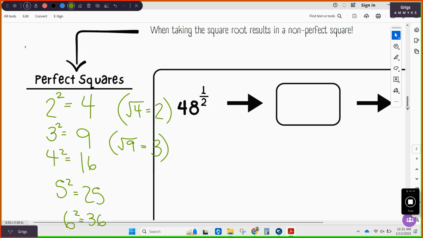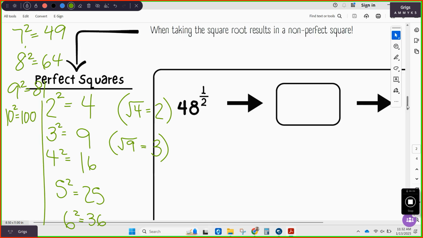You just keep writing on down. 7 squared? 8 squared? 9 squared? 10 squared? 11 squared? 12 squared? Okay, put your pencil down when you have those written.